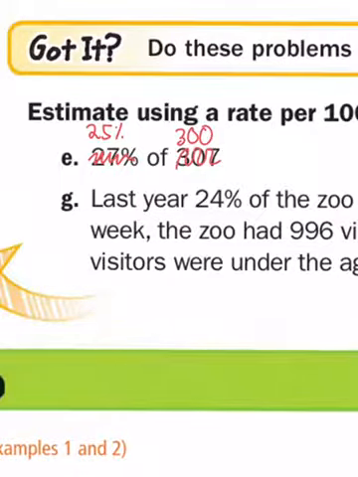So, remember, 25% of 100 was 25. So 25% of 300 is 25 times 3, or 75. So 75 would be a pretty good estimate for E. Now, if you kept it 27% and you did 27% of 100 is 27 and multiplied it by 3, you would have 81, and that's still good.